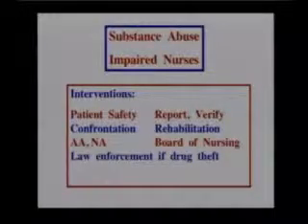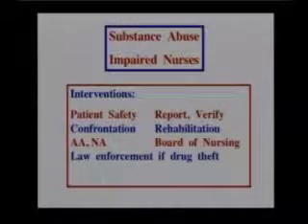Now, what should we do if we suspect that a nurse that we may be working with may have a substance issue? Your first and foremost obligation is to the safety of the patient. So you need to assure patient safety, which means you're not going to let someone who comes to work obviously drunk take care of patients that night.